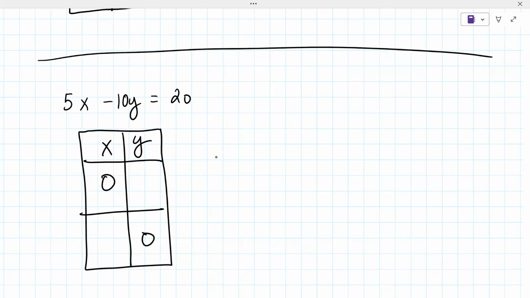It's maybe a little bit more difficult. Does y equal -2 and x equal 4?